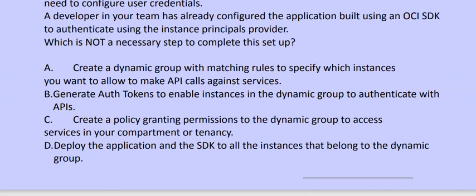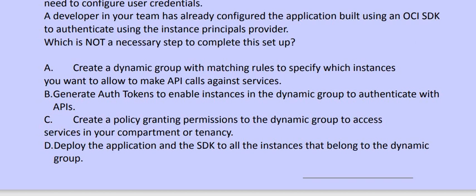Options are: Option A, create a dynamic group with matching rules to specify which instances you want to allow to make API calls against services. Option B, generate auth tokens to enable instances in the dynamic group to authenticate with APIs.